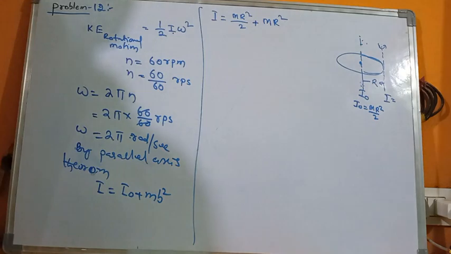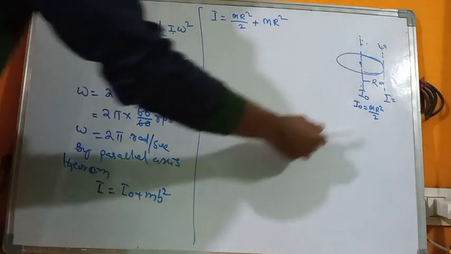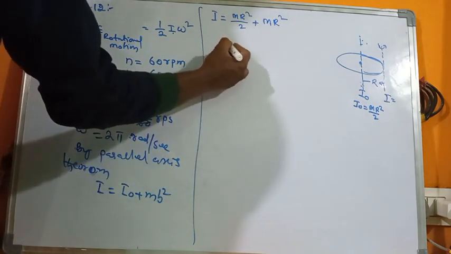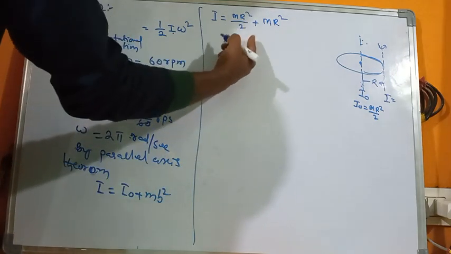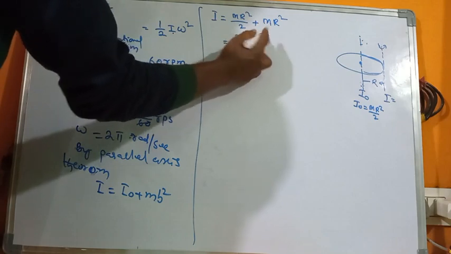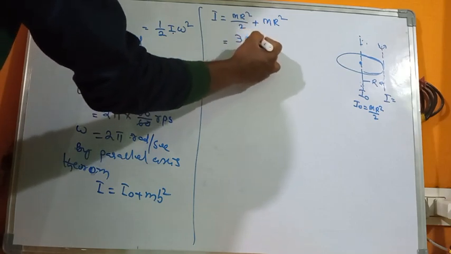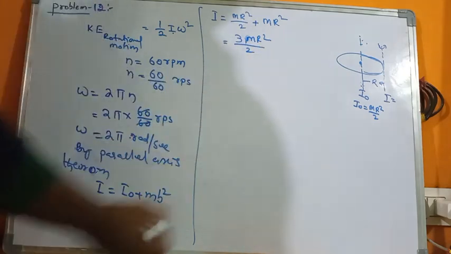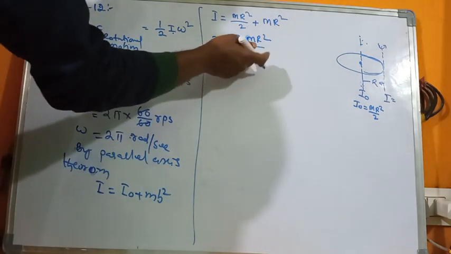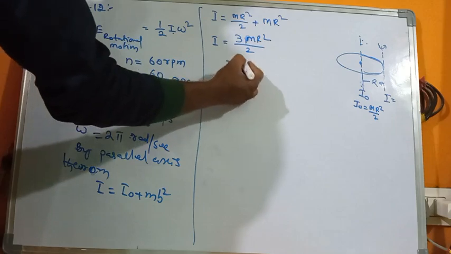Taking the LCM, this is 2mr square plus mr square over 2, that is 3mr square by 2. This is the moment of inertia.